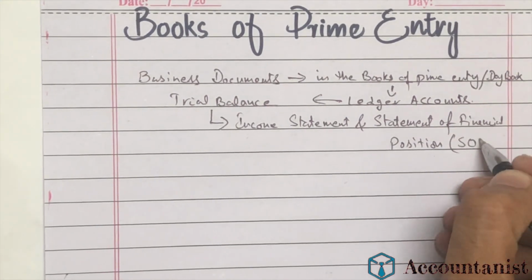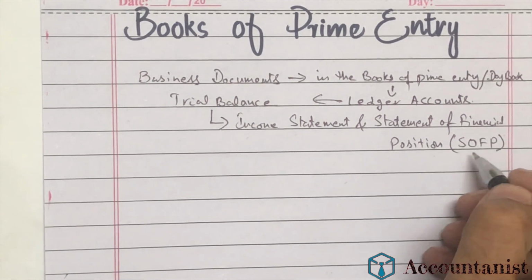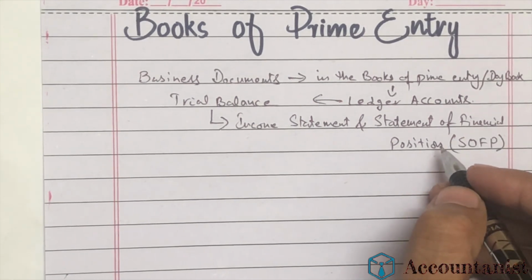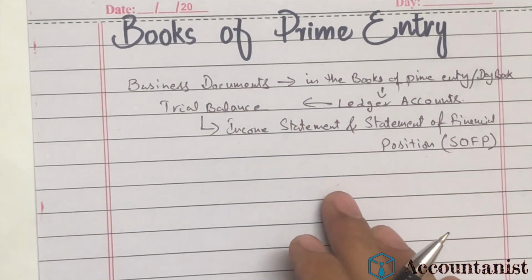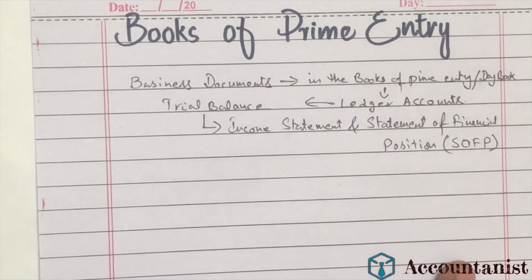The short form of this is SOFP. That's the new name of the balance sheet. And the old name of the income statement is profit and loss account.